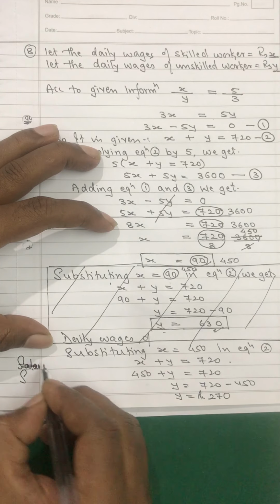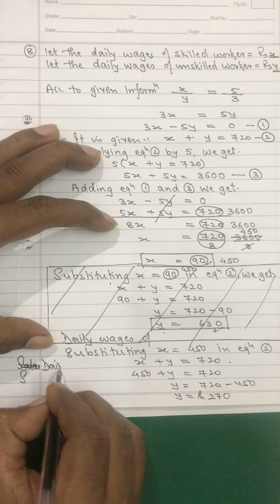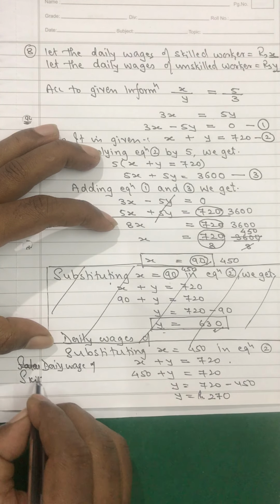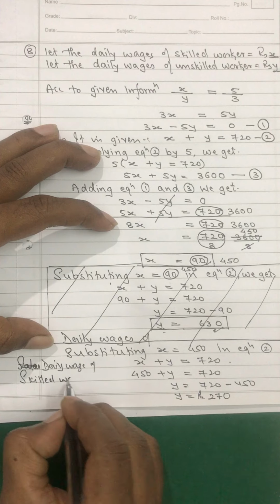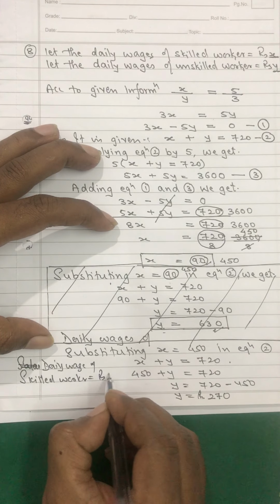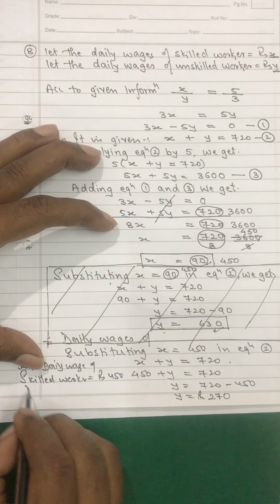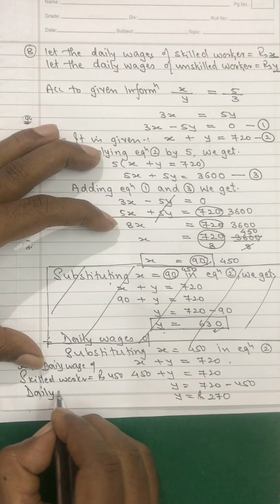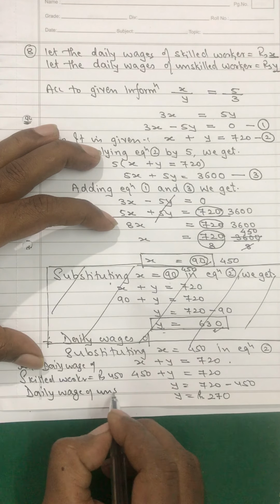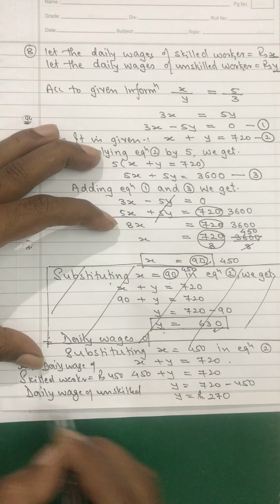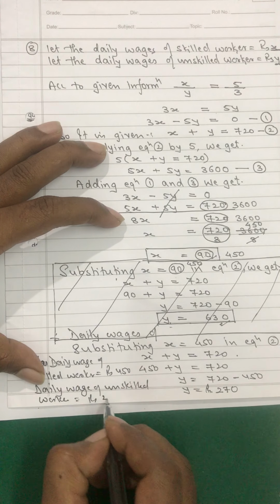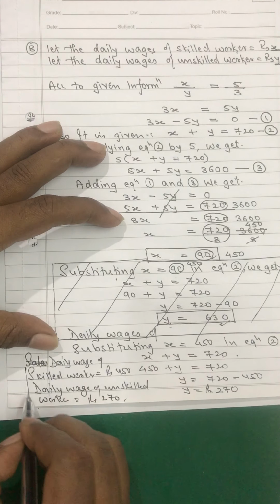Daily wage of skilled worker is equal to rupees 450. Daily wage of unskilled worker is equal to rupees 270.